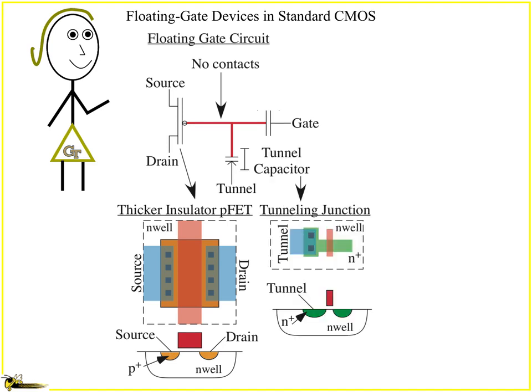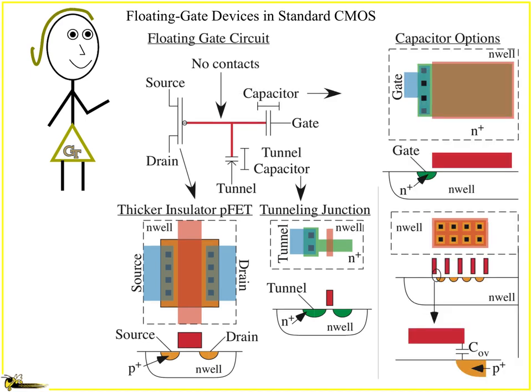You'll have a capacitor for tunneling to remove charge off. This will usually be a very small capacitance, typically a varactor capacitance. And then you have your main capacitors, which could be varactor capacitors or even overlap capacitances. All of these are things you find in a standard CMOS process.